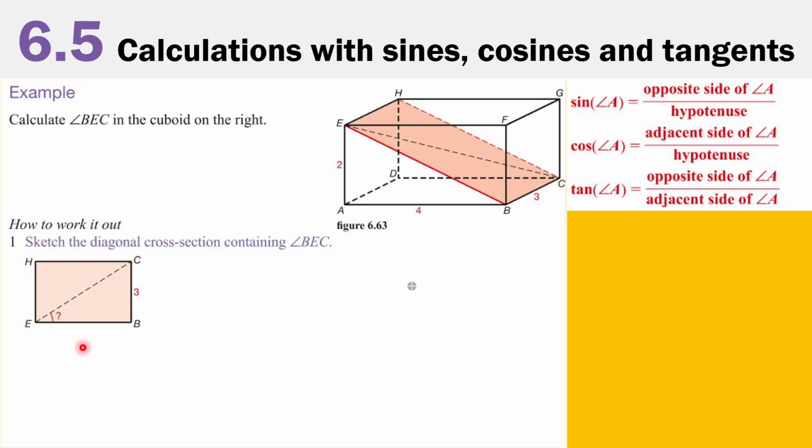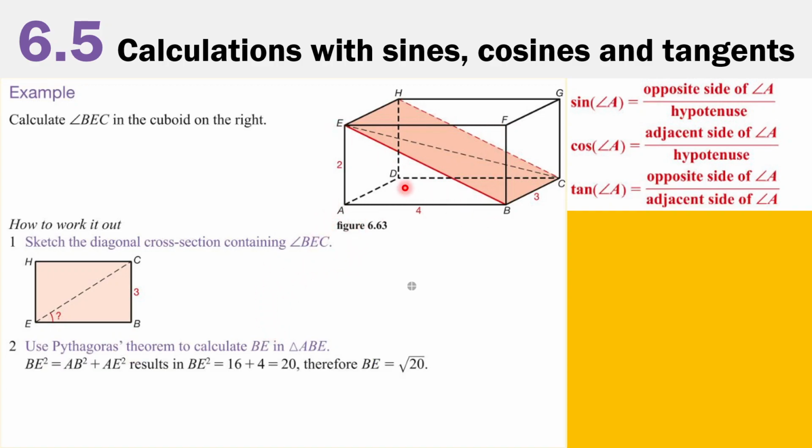Luckily for us, I think it's easy if you practice this a lot, you can actually calculate EB quite quickly, because EB is in face ABFE. So we're going to use Pythagoras' theorem, or Pythagorean theorem, to calculate BE in triangle ABE, or you can say in face ABFE, and in that is the triangle. We can do that by saying BE squared equals AB squared plus AE squared.